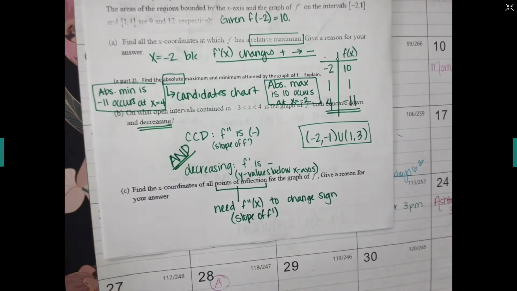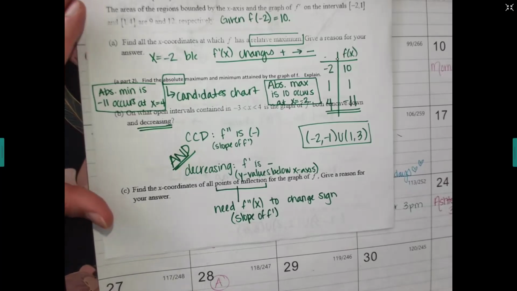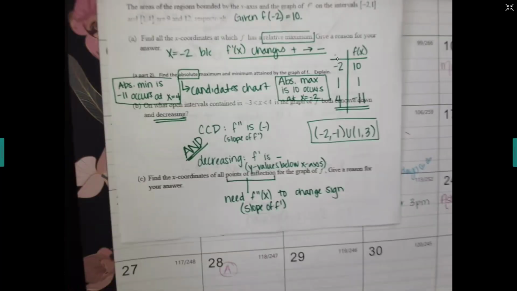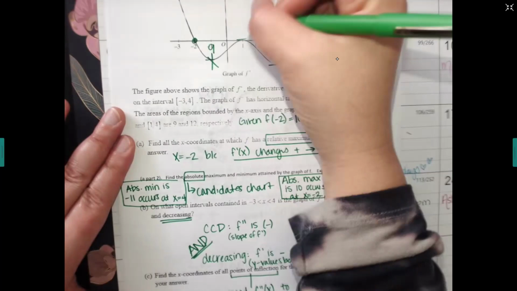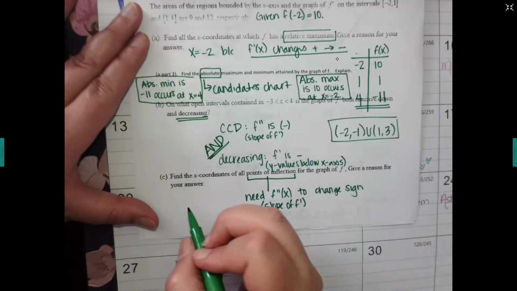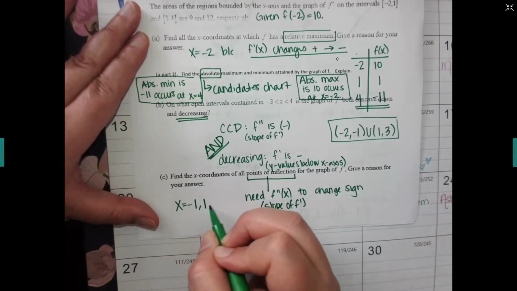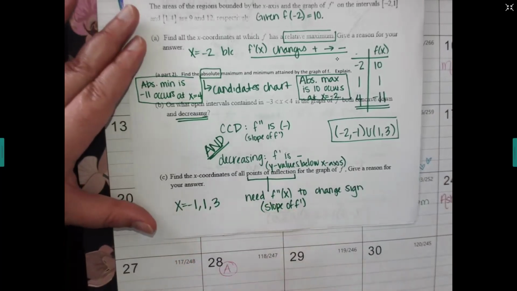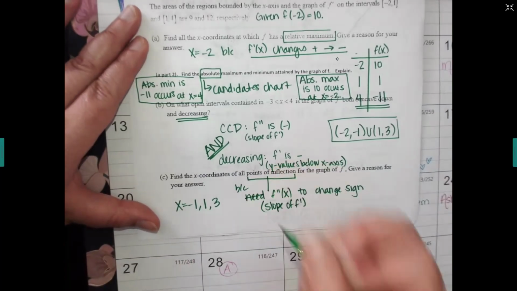And remember, usually I'd mark those just with X's. So think like the tops and the bottoms of the roller coaster. So I'm downhill till when? -1, then I go uphill till 1, then downhill till 3. So it'd be x equals -1, 1, and 3. And then I'll just put because that.